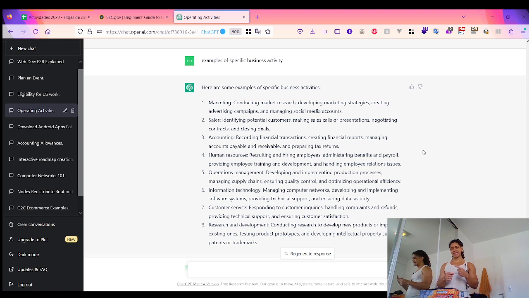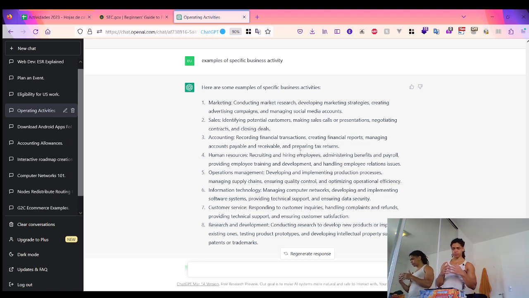But now, human resources is responsible for recruiting and hiring new employees, administrating benefits and payroll, providing employee training and development, and handling employee relationship issues.